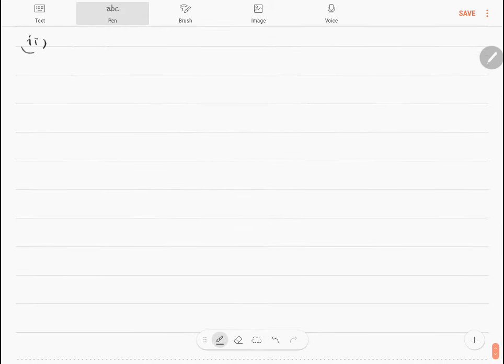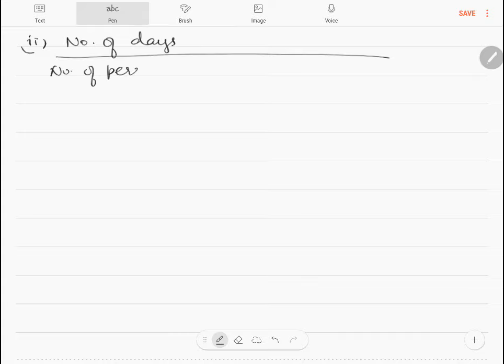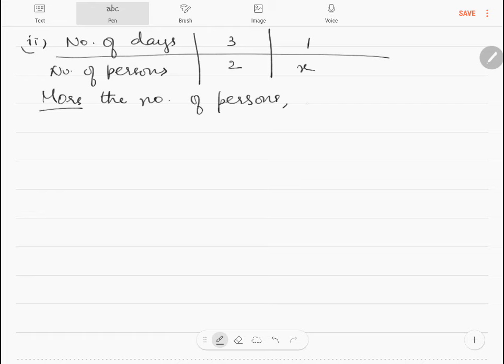Problem number 2. How many persons would be needed to fit the windows in 1 day? This is number of days. This is number of persons. This is given. For 1 day it is X. So we know more the number of persons, lesser would be the number of days.